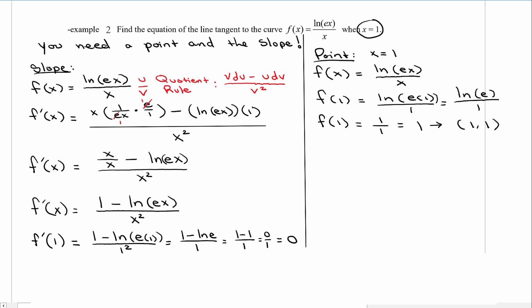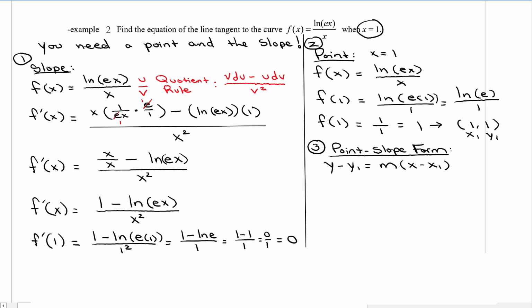Those are my two steps. I kind of labeled the slope part as part 1, the point is part 2, and then part 3, I'm writing out point slope form. I'm going to use point slope form to come up with the equation. Y minus y sub 1 equals m times the quantity x minus x sub 1. My x sub 1 is going to be 1, my y sub 1 is going to be 1.